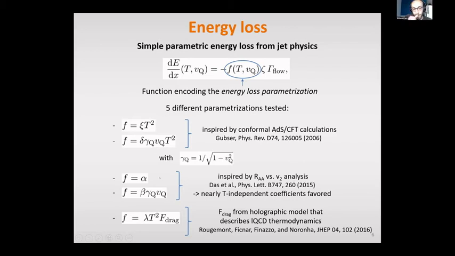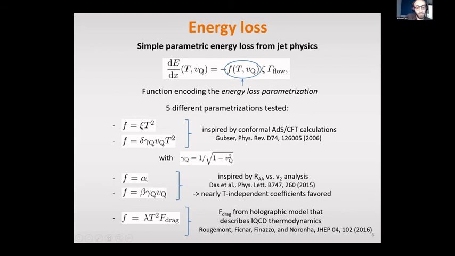The next two that we tested were inspired by an analysis of the array versus V2, which showed that temperature independent coefficients are favored to better fit the two observables.